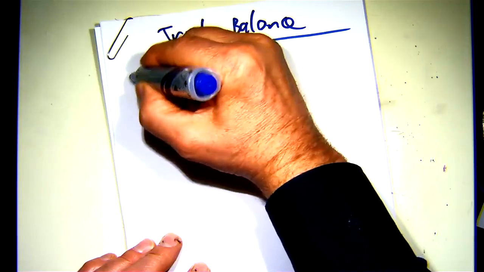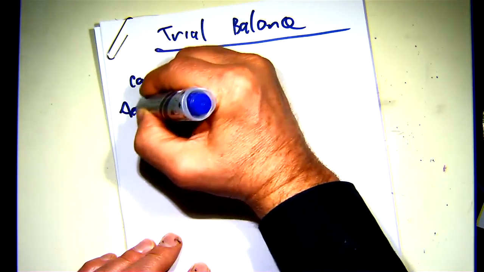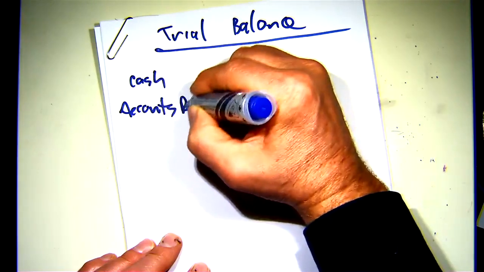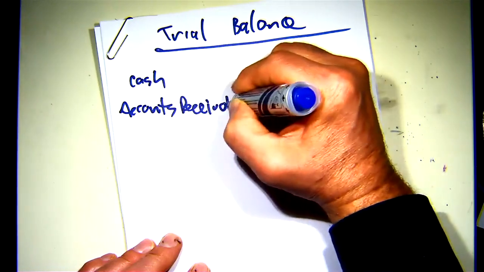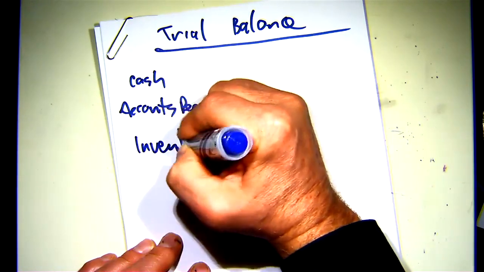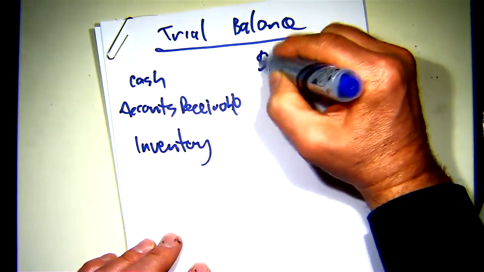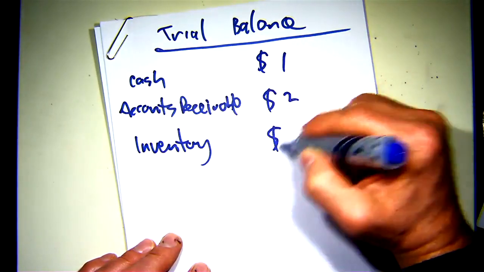So I'll have cash, accounts receivable, and inventory: $1, $2 and $3.